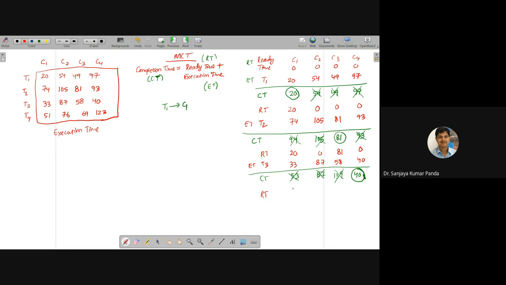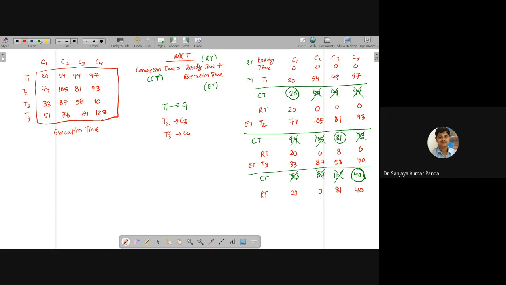Before assigning T3 it is 20, 0, and 81. But after assigning, because T2 is assigned to C3, T3 is assigned to C4, and if you assign it to C4 it takes 40 units of time. Now the ready time is updated.